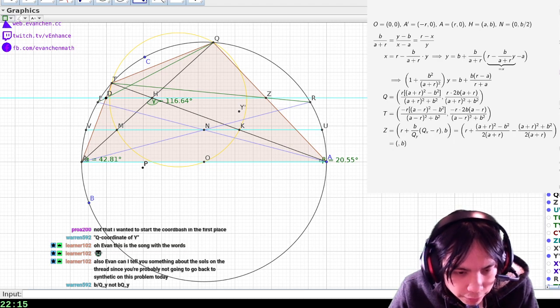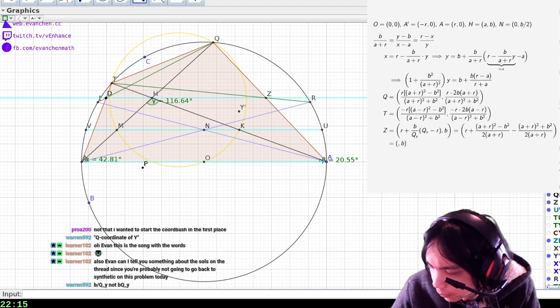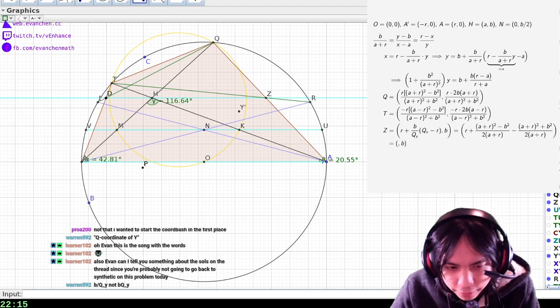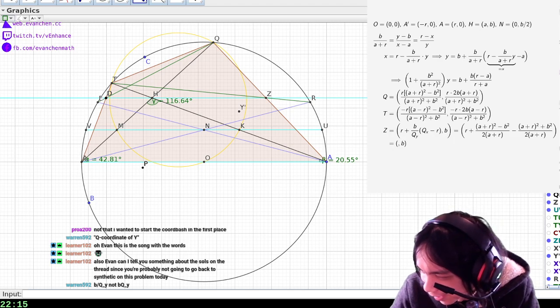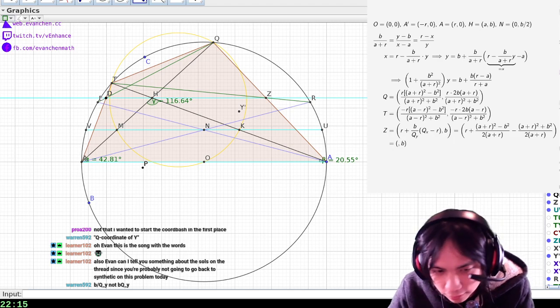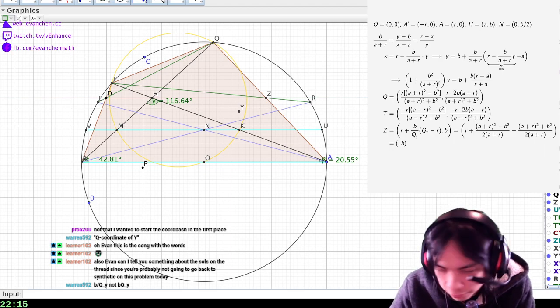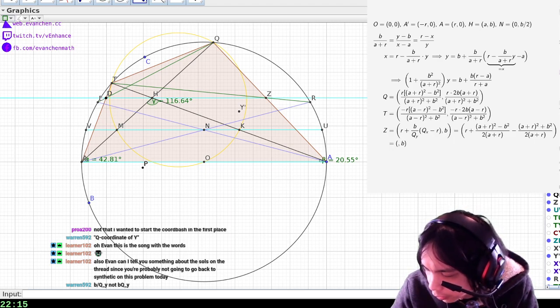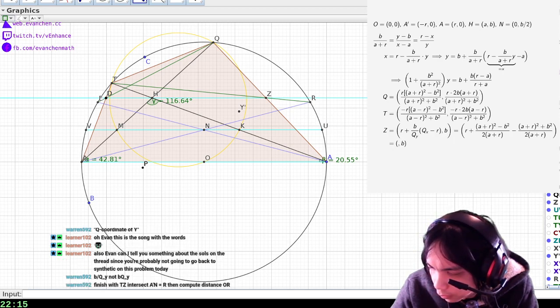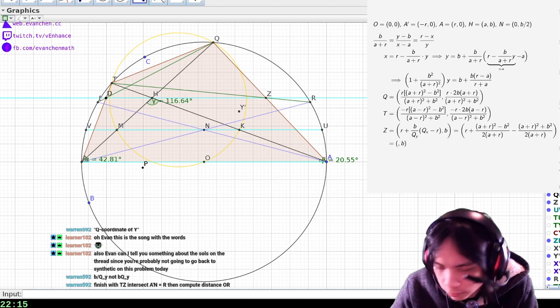Okay, so now we can compute everything. Or at least we can put it over a common denominator. And what we get is something very clean. Minus 2b squared on the top, 2a plus r on the bottom, and then I have two r a plus r.